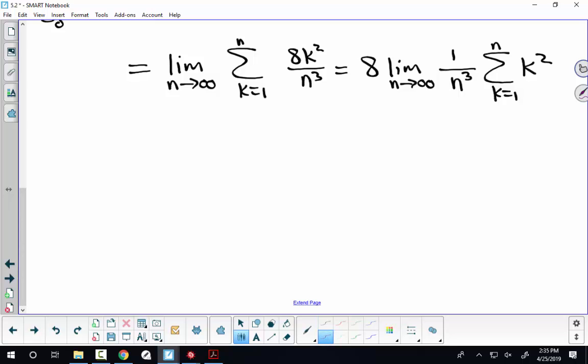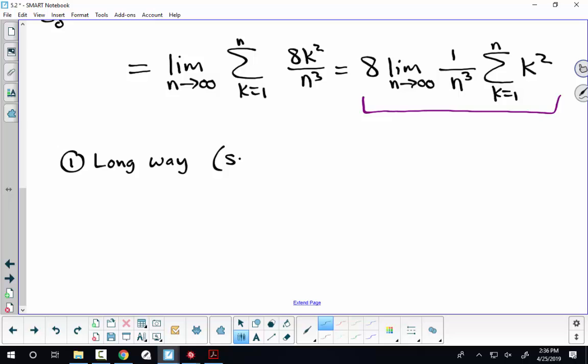So this is what we're going to focus on. We're going to look at two ways to evaluate it. One's a shorter way, one's a longer way. Summation formulas.